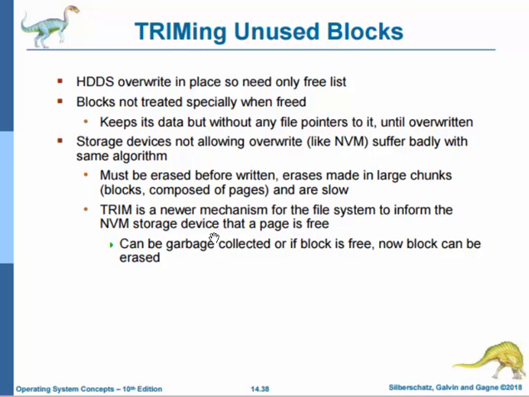Now, a new mechanism is needed to allow the file system to inform the storage device that a page is free and can be considered for erasure. That mechanism varies based on the storage controller. For ATA-attached devices, it is TRIM, while for NVMe-based storage, it is the deallocate command.